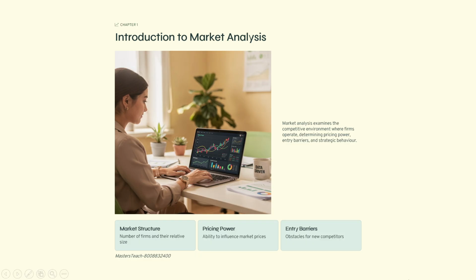Market structure: number of firms and their relative roles, that means the number of companies in a market. Pricing power: how one can influence the market by increasing or decreasing price. Then entry barriers: obstacles, any issues for a new competitor.